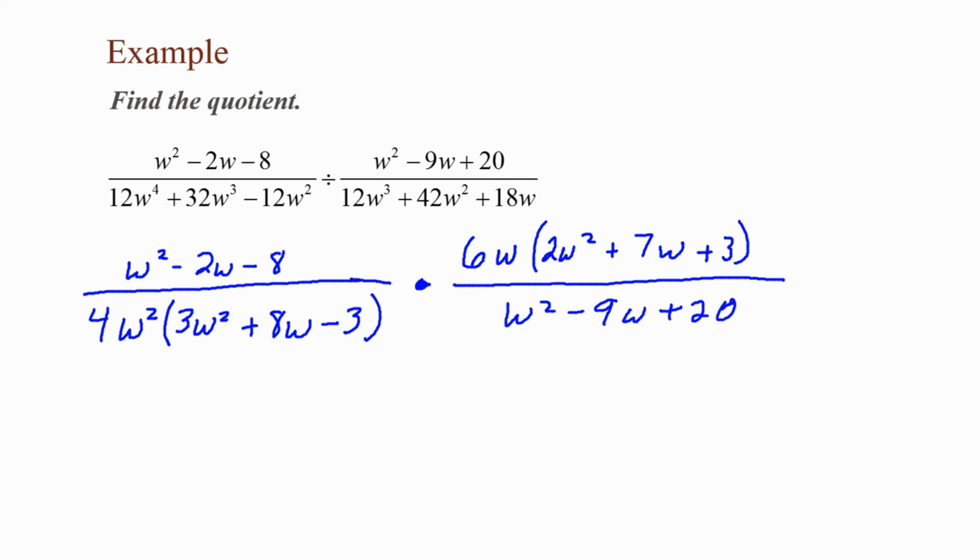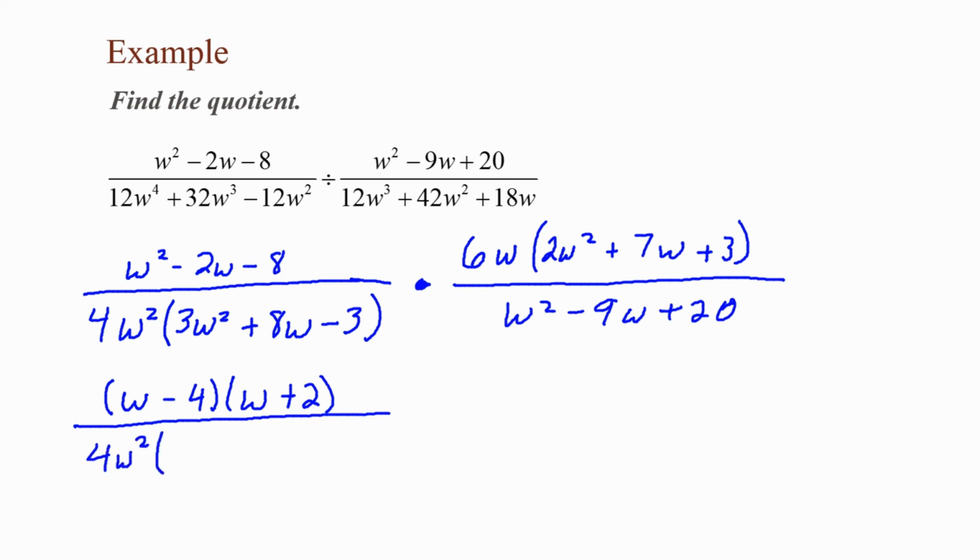Now we're ready to factor into two parentheses. W squared minus 2w minus 8: I need two numbers that multiply to be negative 8 but add to be negative 2. So that's going to give me w minus 4 times w plus 2. Divided by, I'm going to bring down the 4w squared.